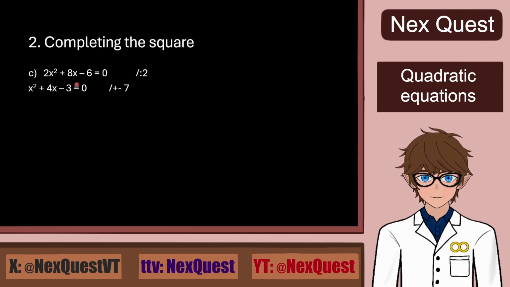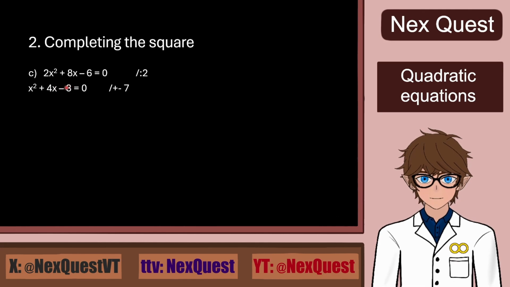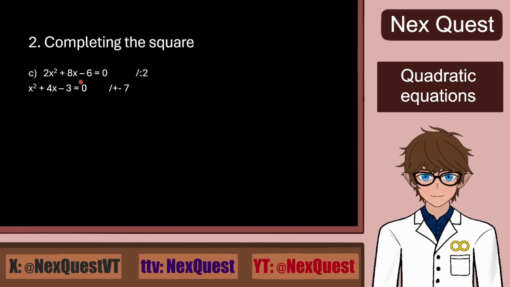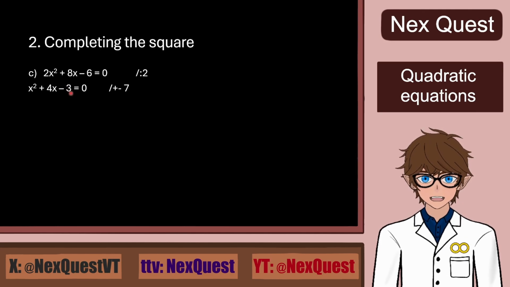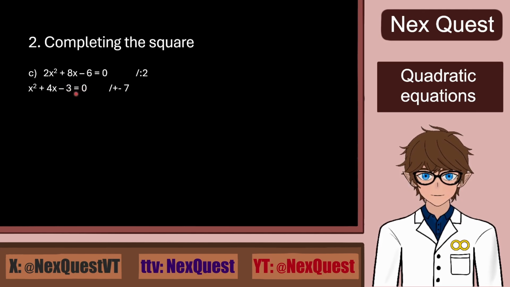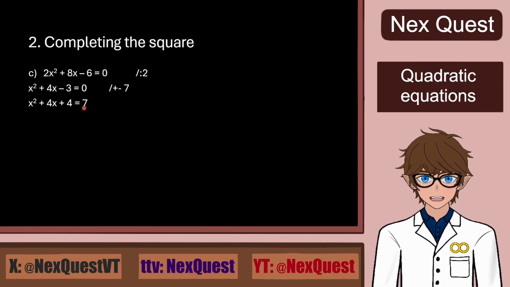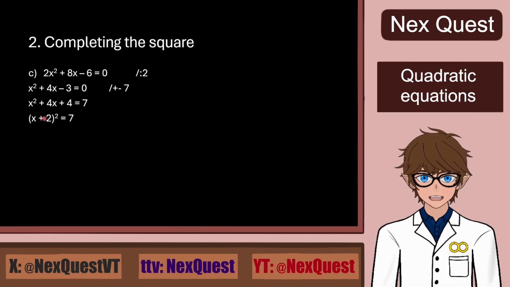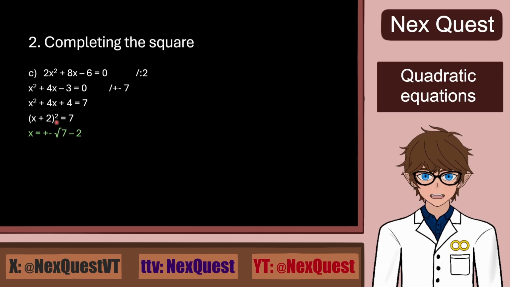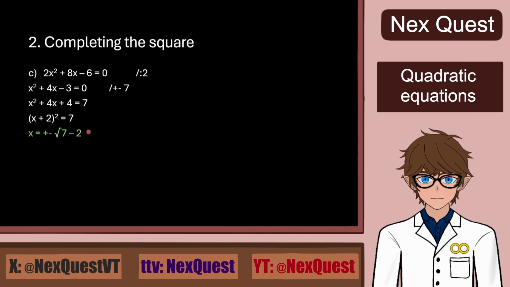I could do plus minus 4, but if I just do plus 7 and make it as simple as possible, also okay. So I add plus 7 and we are left with minus 7. We would probably get the same if we just did the 4 thingy. We're left with plus 4 on the left and 7 on the right. The square and the 7. We rooted and moved the 2 to the right. We get plus minus root of 7 minus 2.